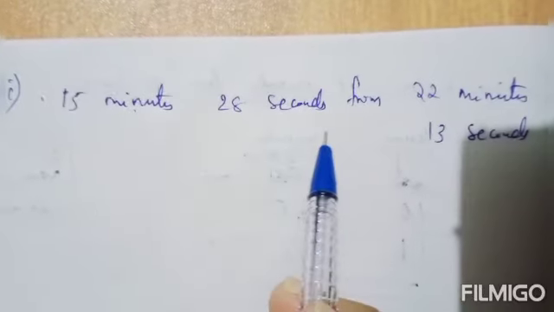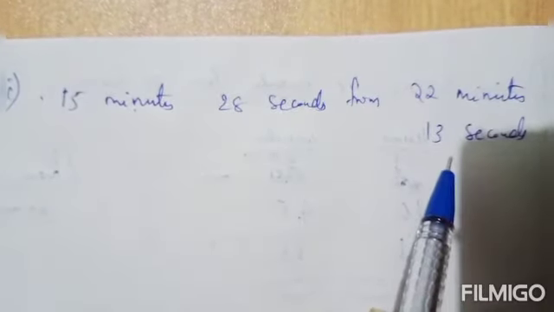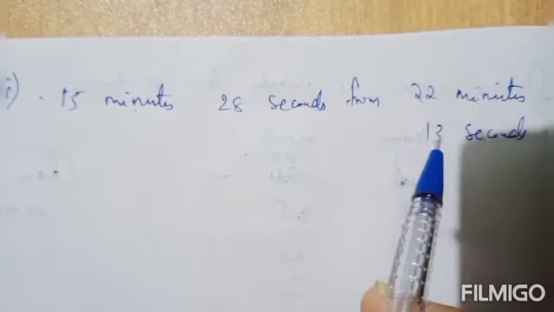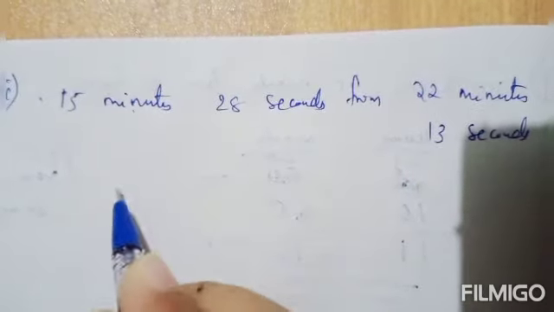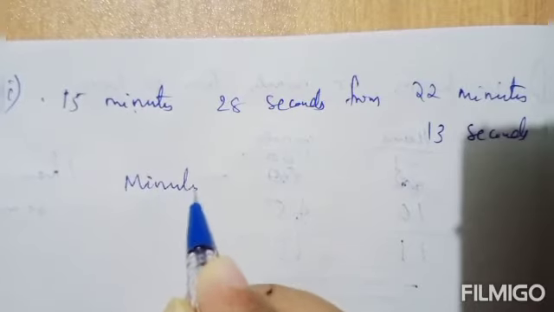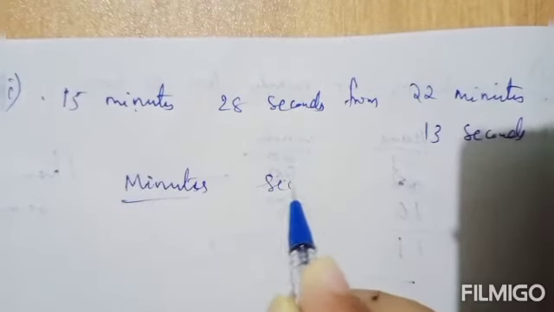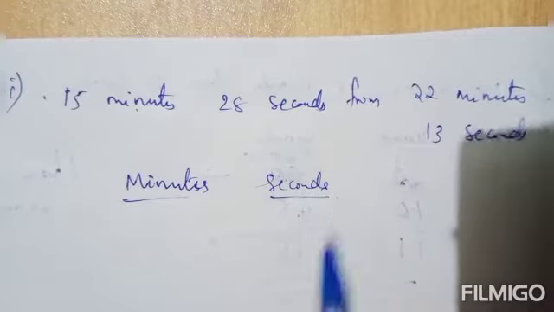Okay. Next I, 15 minutes 28 seconds from 22 minutes 13 seconds. So from 22 minutes 13 seconds you have to subtract 15 minutes 28 seconds. Minutes you can write in one column and seconds in the next column.